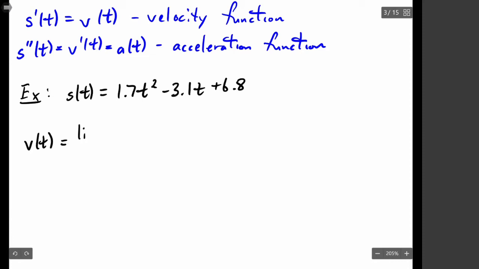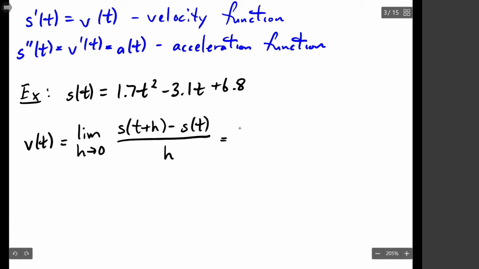This is going to be the limit as h goes to 0 of s of t plus h minus s of t over h.